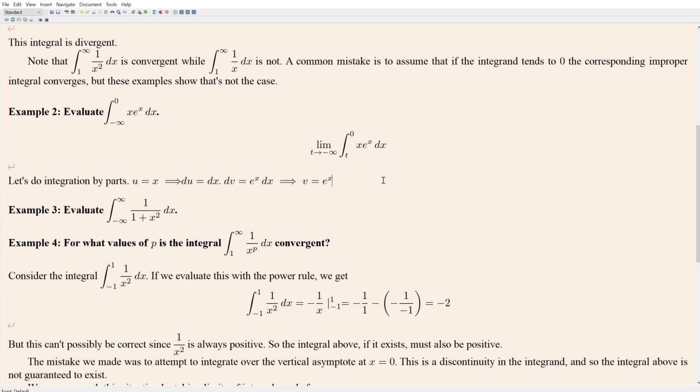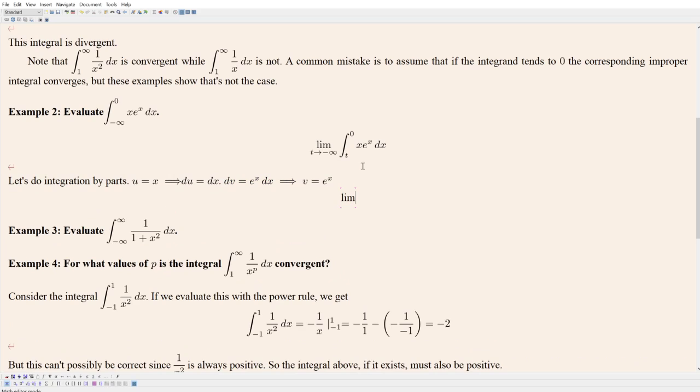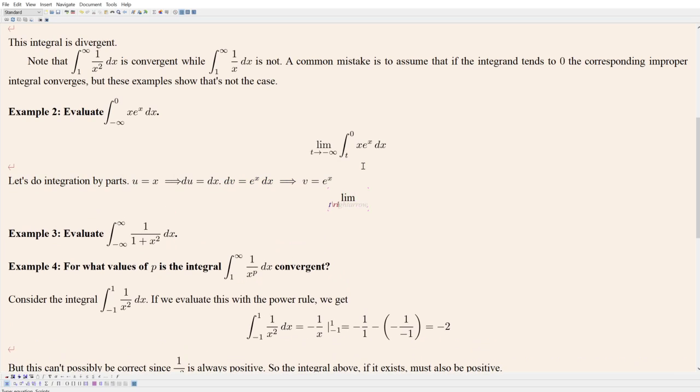So now if we plug this into the integration by parts formula, let's see. It's uv, so x e to the x, minus the integral of v du, like so. And because this is a definite integral, we have to keep the bounds in mind as well.